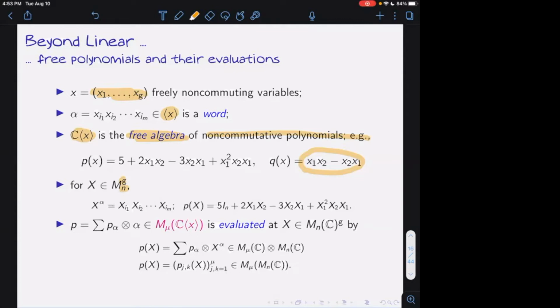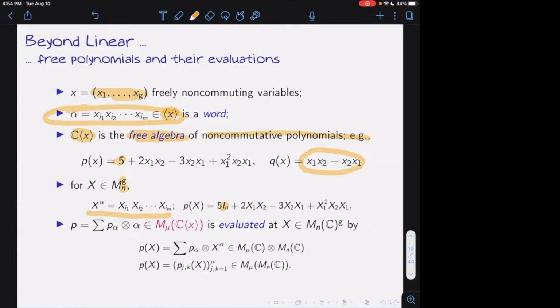And if you just do that, and if I didn't have the slide, you would just automatically do this, right? Wherever you see x to the power alpha, you just do the canonical thing. You just replace x_{i_k}, the variable, with the matrix X_{i_k}. And then, of course, when you have the scalar 5, when you evaluate, you have the appropriate size identity.